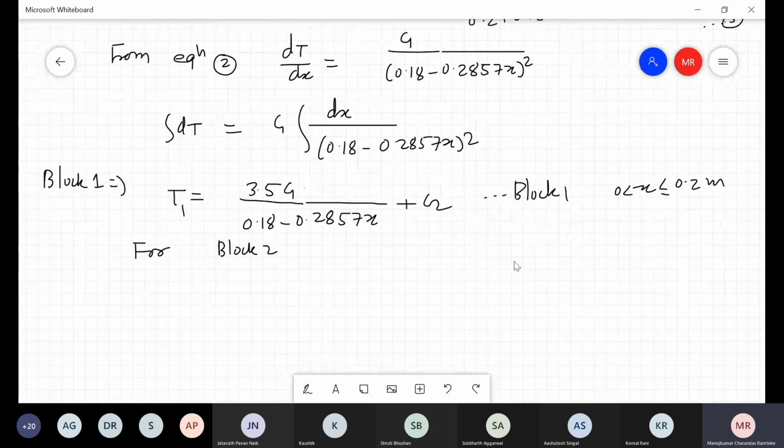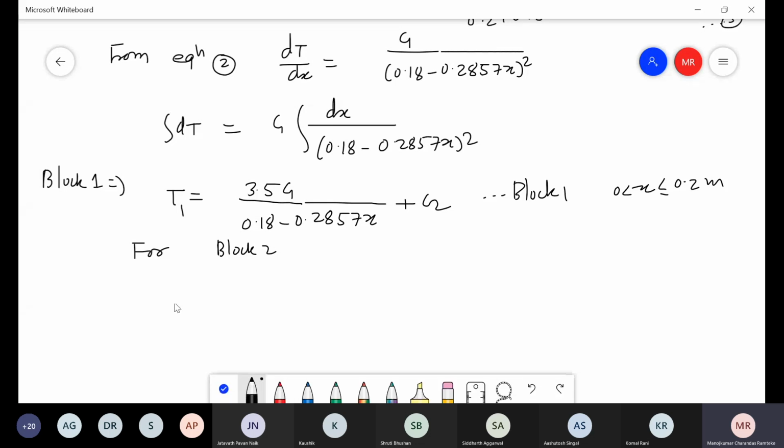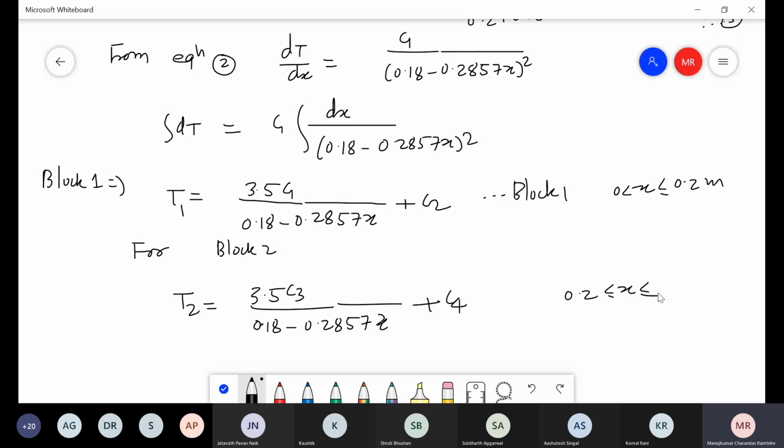So I can write down T2 as 3.5 C3 divided by 0.18 minus 0.2857x plus C4, and this is between the range 0.2 to 0.35. Is it correct? Both the equations are correct.